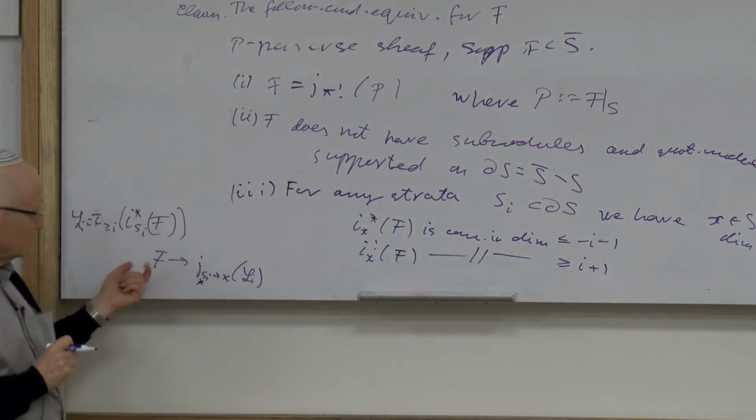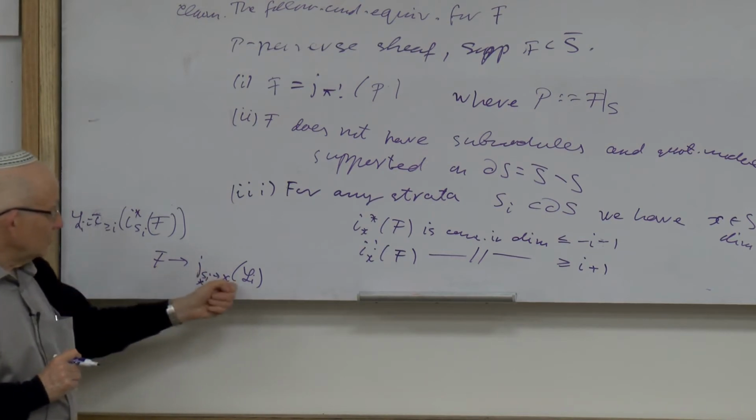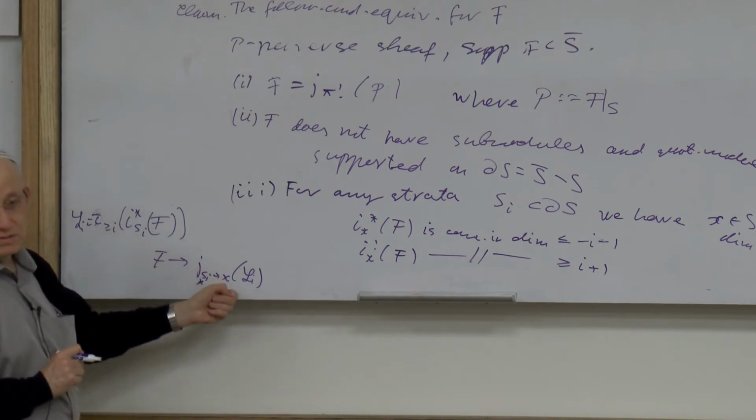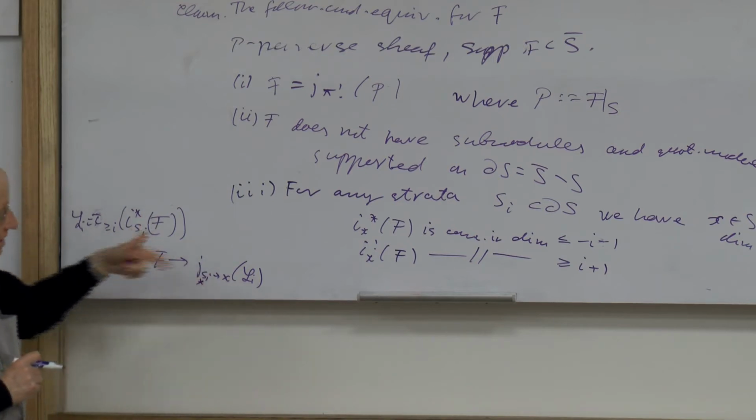So the claim is that this then gives a non-trivial morphism from this perverse shift to this perverse shift, and this contradicts the condition that F has no quotients.